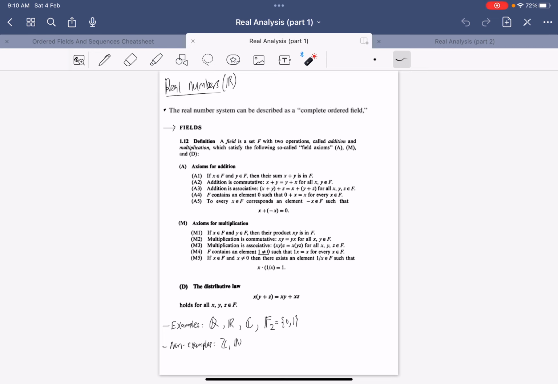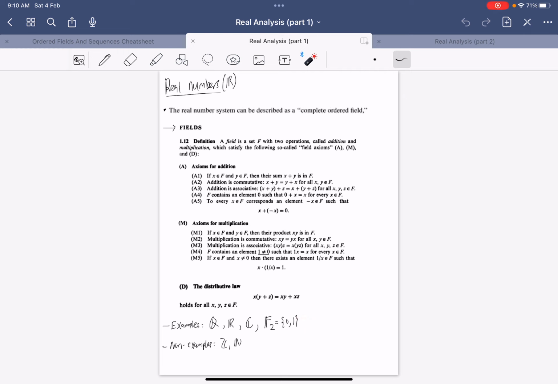Some examples of fields that you might have already known are the field of rational numbers, the real numbers, and the complex numbers. Fields can also be finite, such as the field of 0 and 1, which is actually just the congruence classes of Z mod 2. It's written usually like this, or you can just write it like this.